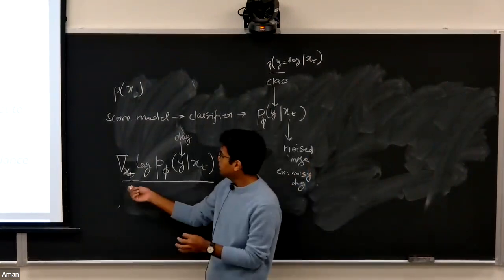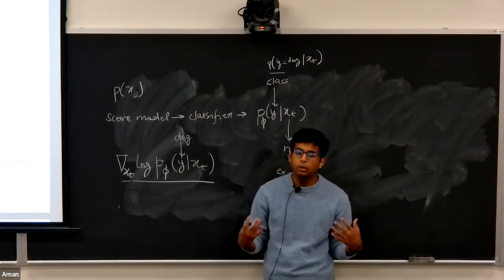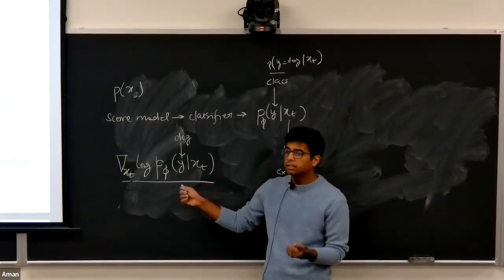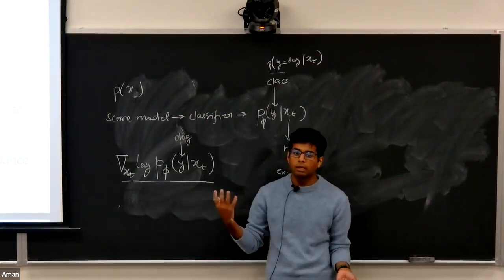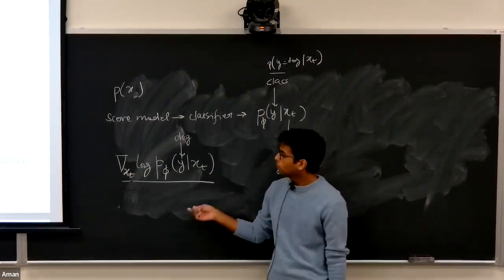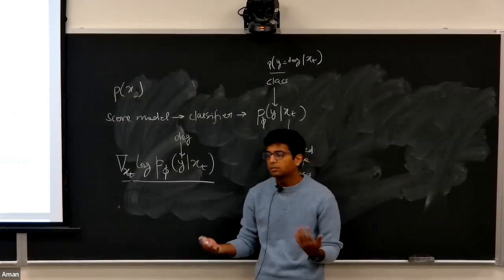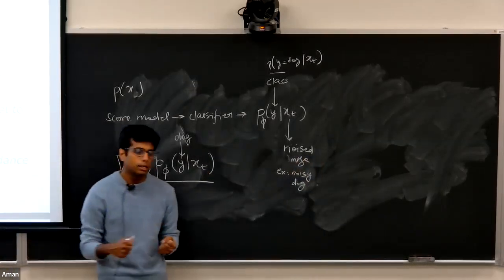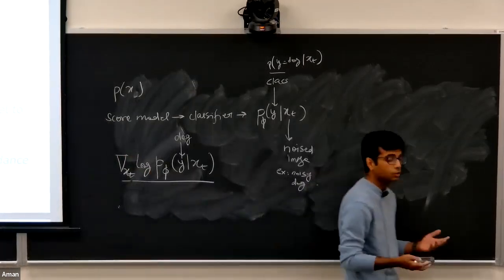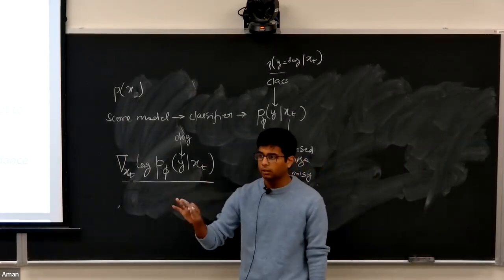So if you train an ImageNet classifier, you can only generate images that this classifier can identify. This classifier can identify, let's say, 1,000 different classes in ImageNet. So the ImageNet classes, which are already understood by the classifier model, are the only classes that the model will be able to generate.